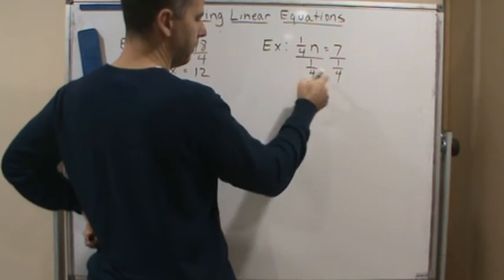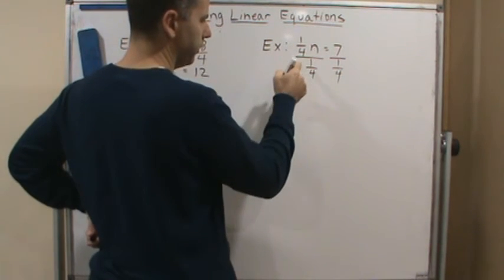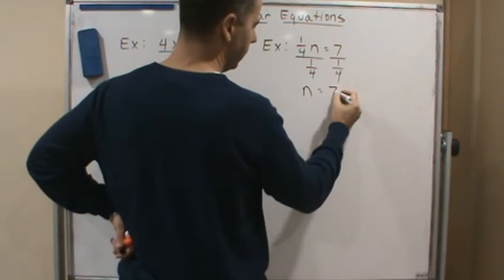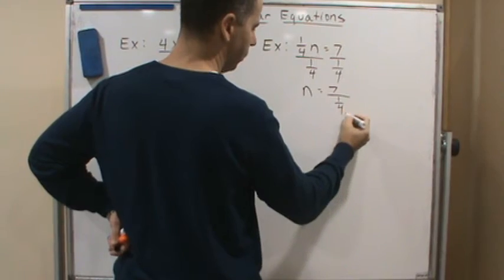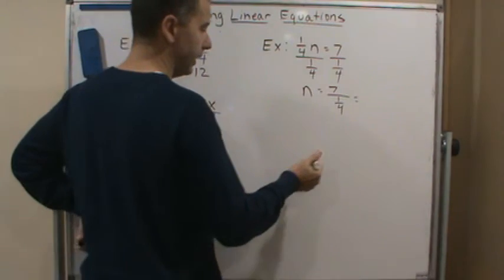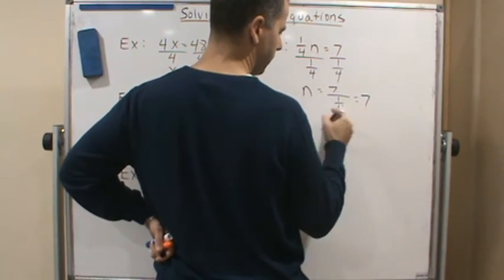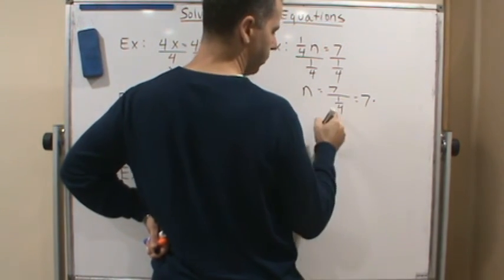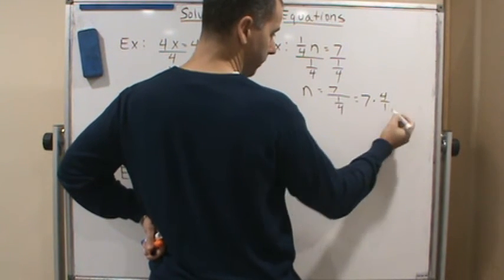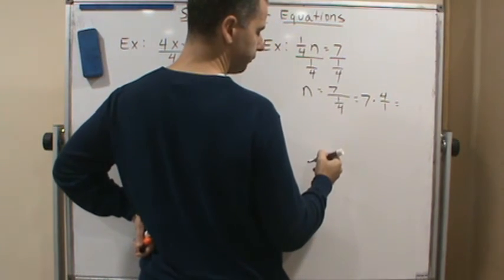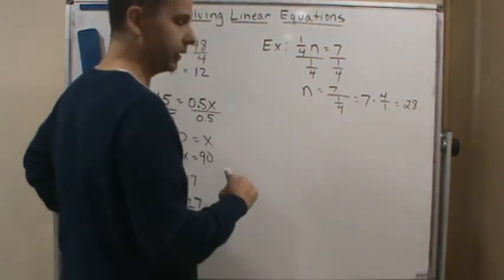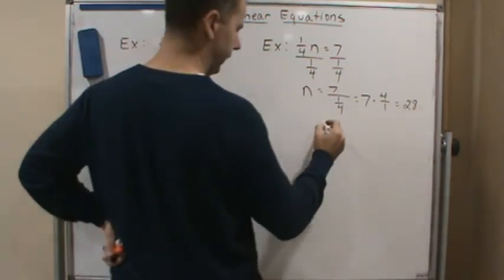So I'm going to divide both sides by 1/4. So 1/4 divided by 1/4 is 1, so that gives me n equals 7 divided by 1/4. But then I can use the other principles we've learned, and I can change this to a multiplication where I'm saying this is 7 times the reciprocal of the bottom, which is 4 over 1, or just 4, right? And 7 times 4 is 28, so I get n equals 28 as my answer, right?